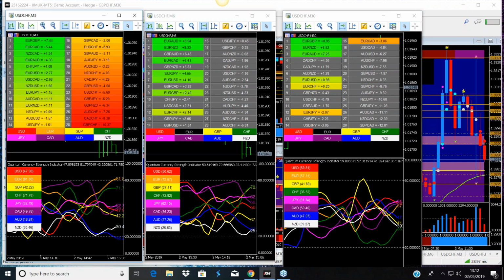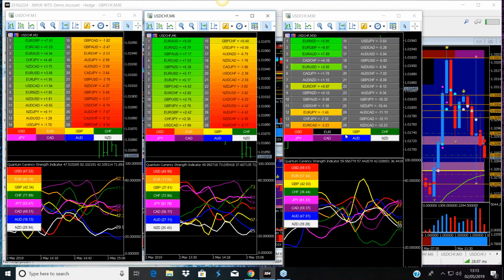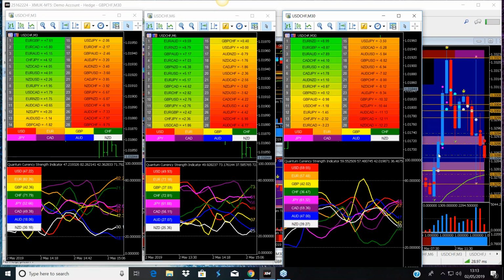Just to add my 2 penneth worth to that, and this may be self-evident to you, but I think it's worth saying that we all use a multiple time frame approach for charts, but equally the same principles apply to the indicators themselves. And the matrix is just one of those with the CSI that just gives you all that information across the time horizons.